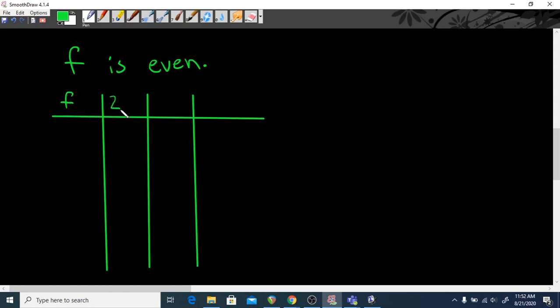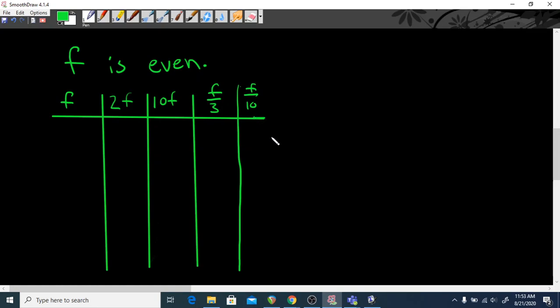Let's look at 2f, 10f. Let's look at f divided by 3. Yeah, there we go. And then maybe one more, maybe f divided by 10, right?